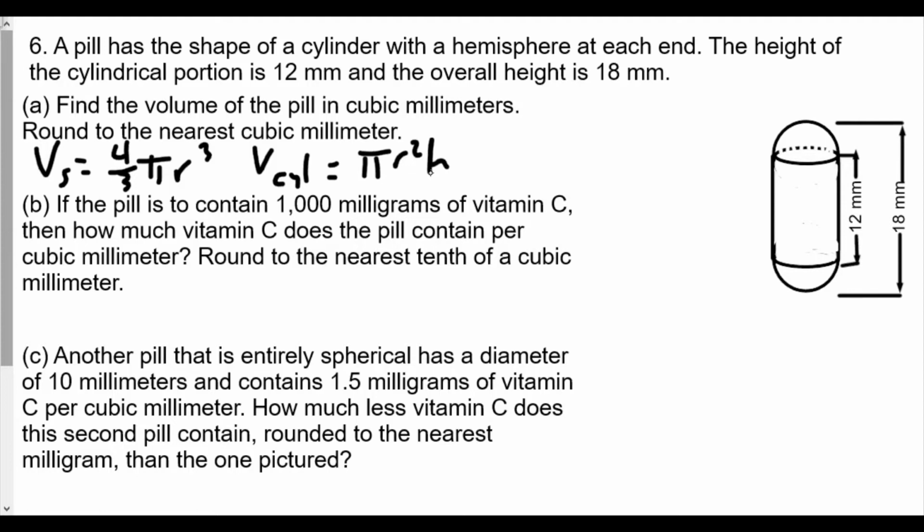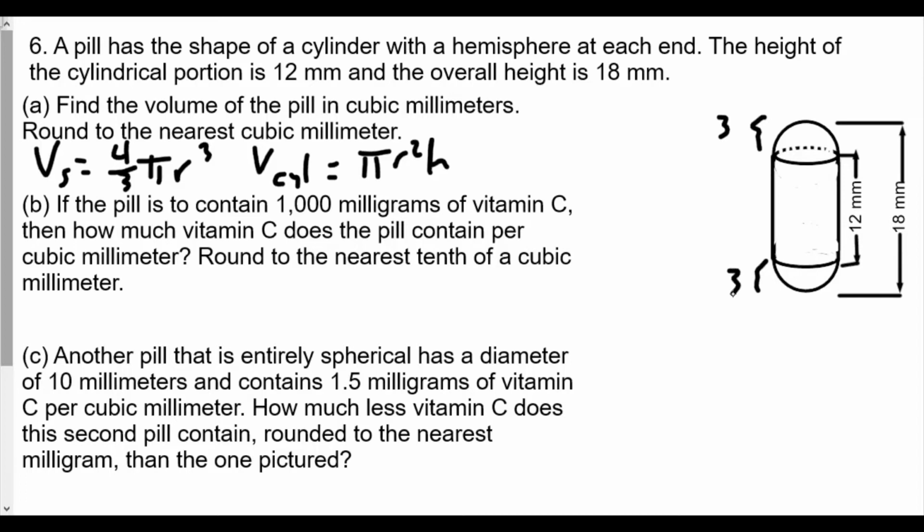We know that the full height of the figure is 18 and the height of the cylinder is 12. That means the two hemispheres make up a measure of 6, and they each have a measure of 3 millimeters.